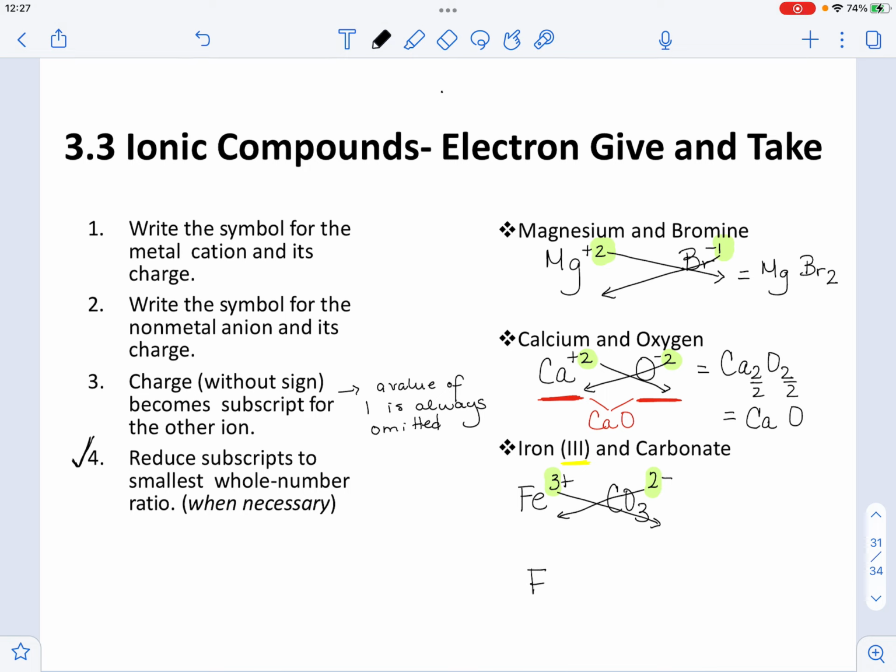So at first I'm going to write Fe2CO3, but then I also have to write a 3. And if you look to the right side, that chemical formula looks kind of weird because you have 3 and 3. How do we solve that problem? Whenever you have a polyatomic ion and it has a subscript of 2 or more, we're going to wrap it in a blanket. We're going to put it over parentheses to solve that issue. So the correct formula for the third problem is as follows.